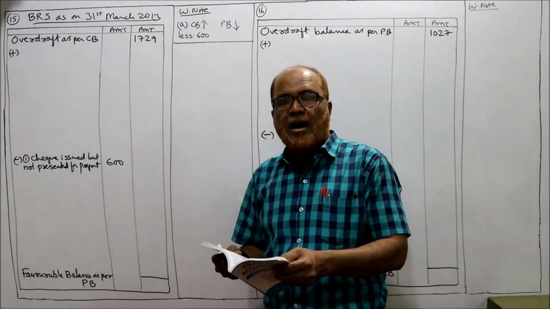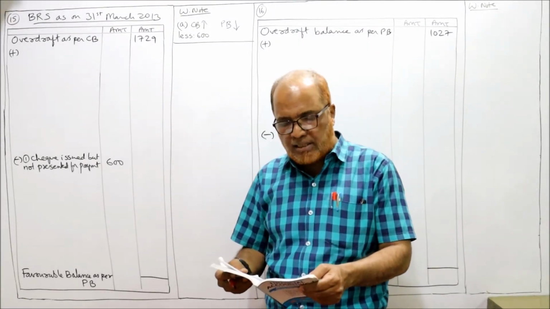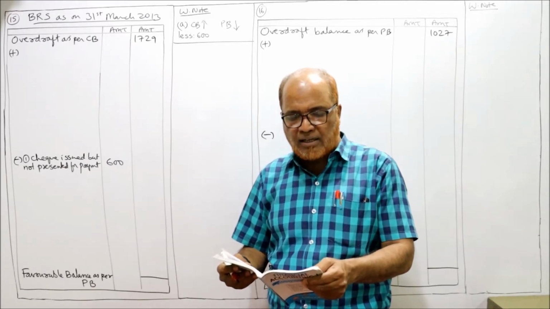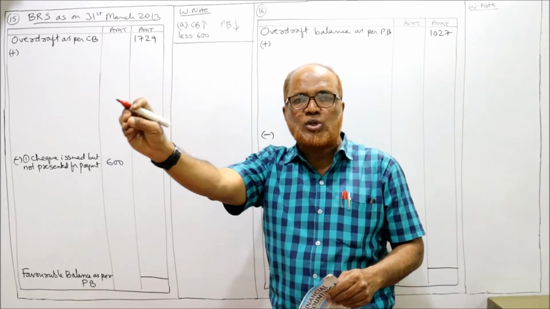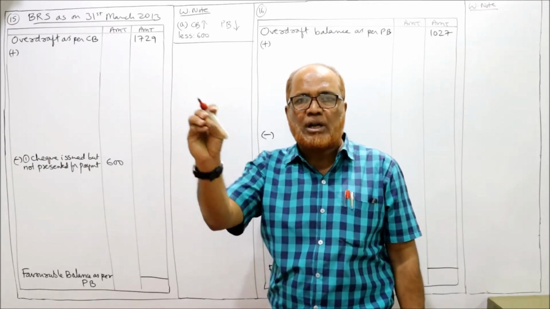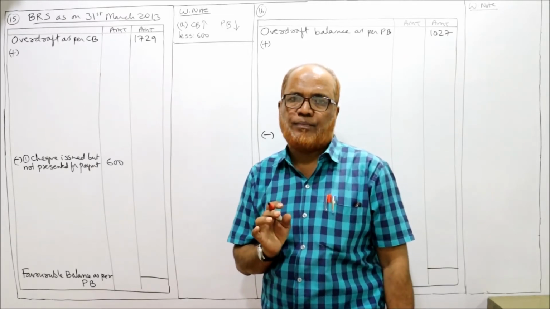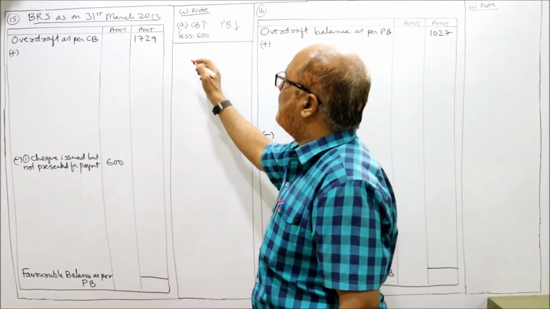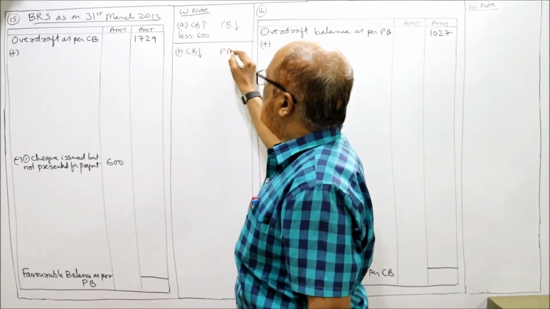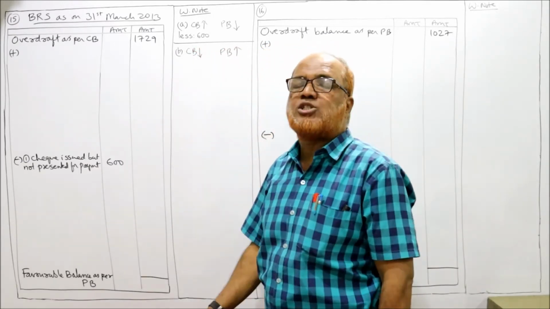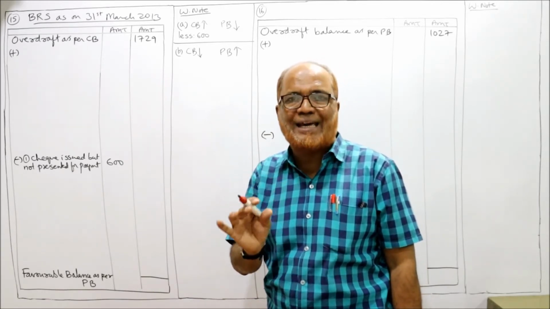Second, out of the checks for rupees 1680 deposited in the bank, checks for 930 only were collected within the due date. Before depositing the checks in the bank, we record them in the cash book, so the cash book overdraft will come down. Whereas the passbook overdraft is still showing more balance because the checks were not cleared by the bank.